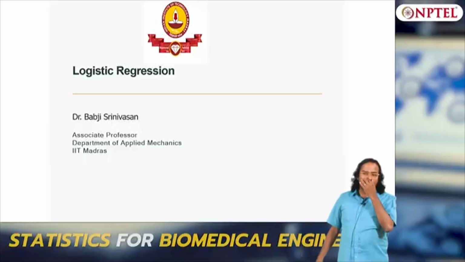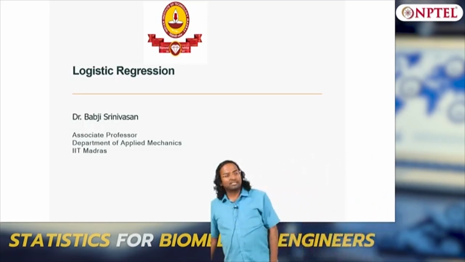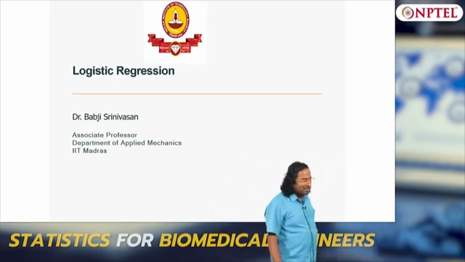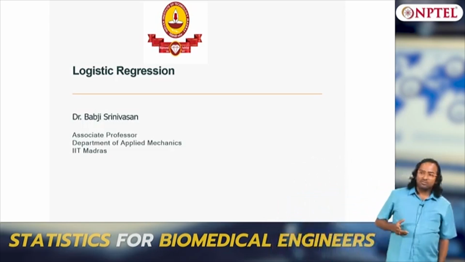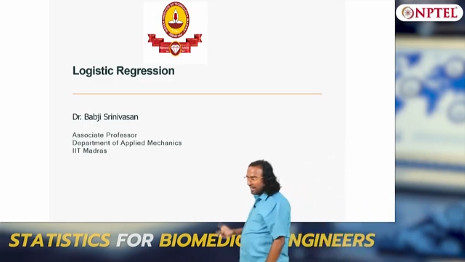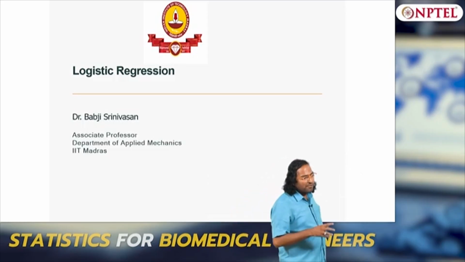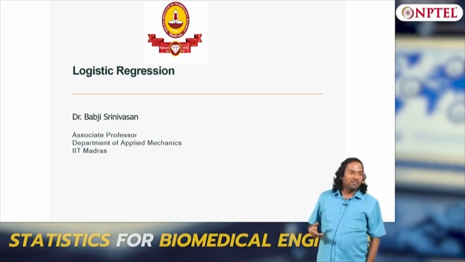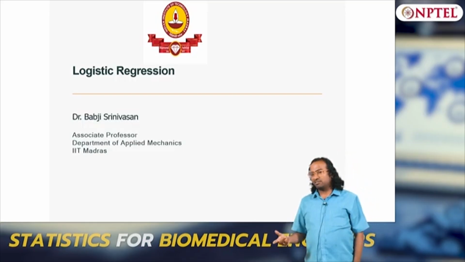So the next logical step is to move on to what I call logistic regression. Why? So far we have looked at predicting continuous outputs, right. We did hypothesis testing on continuous cases, and we also did it on proportions. We have built a model for the continuous case, now we are building a model for proportions.